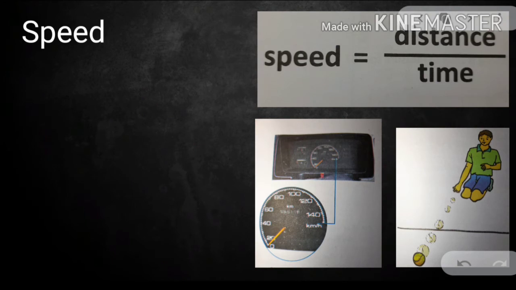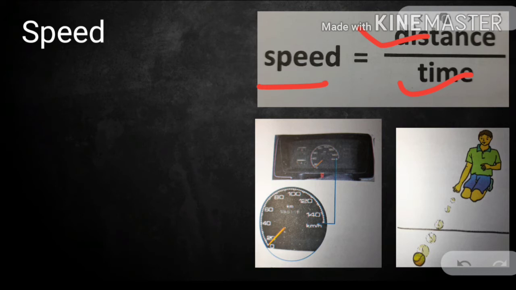Then what do we mean by speed? The speed is the specific term that we use to distinguish between fast and slow. So the distance traveled by an object in one unit of time is called speed. And how do we express this? The speed means the distance traveled and the time taken.